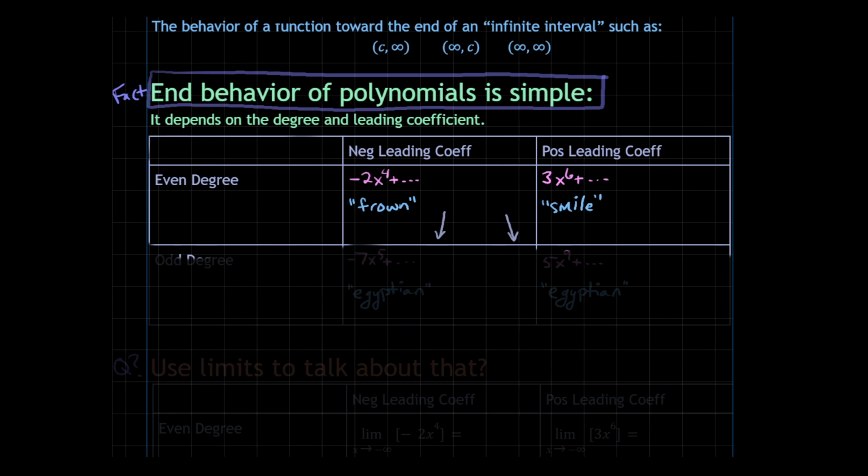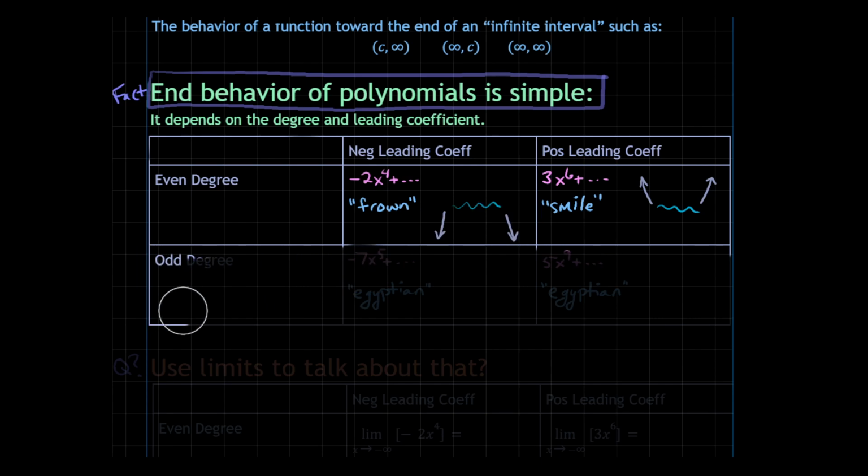There might be whatever squiggling along the way, but eventually it's going to go down in both directions. With a positive leading coefficient, it's the opposite. You have smiling behavior. Again, it might have some squiggling along the way in the middle, but as x gets large in either direction, it's eventually going to go up.